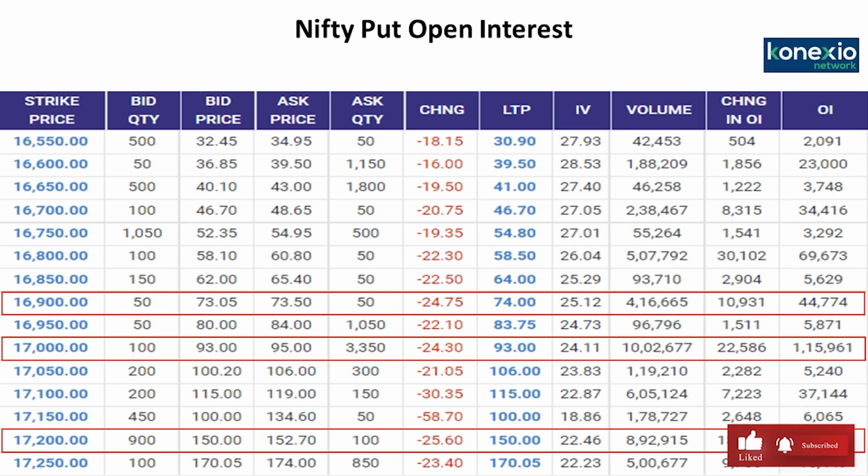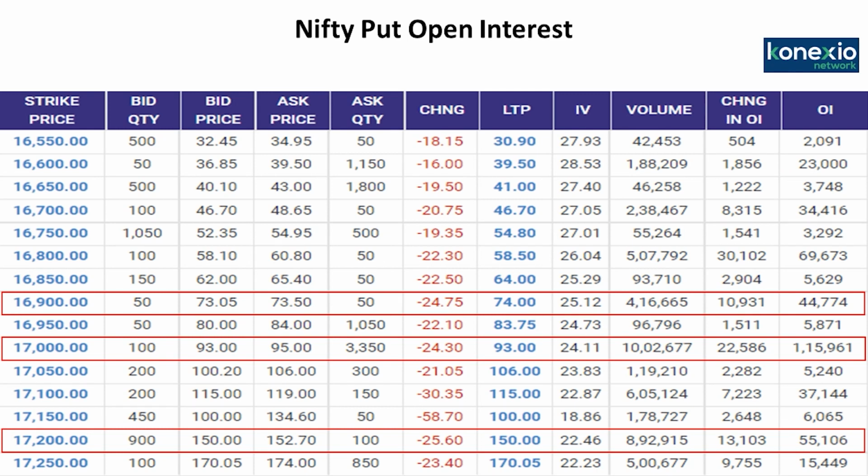The implied volatility in these particular strike prices is between 22.46 and 25.12. So implied volatility in Nifty out of the money puts is slightly higher. Looking at this, we feel that in Nifty calls and Nifty puts, the implied volatility is a little higher on both sides, and there has been a drop in the option premiums.